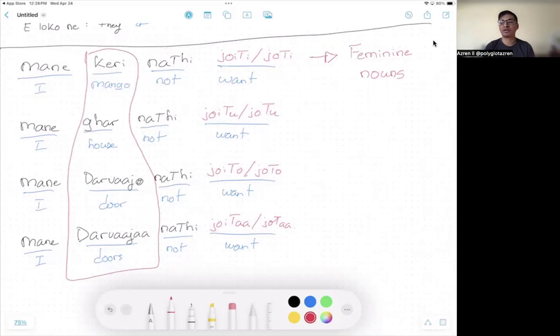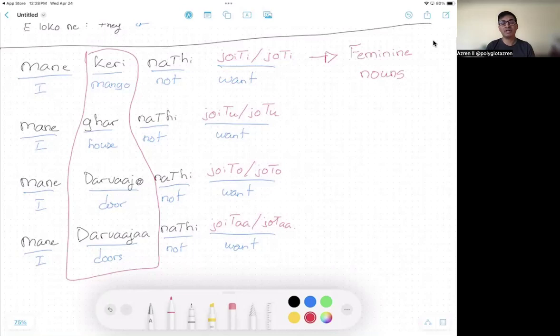Person, place, or thing. Nouns are people, places, or things. So if the person, the place, or the thing you want is feminine, you say joiti.